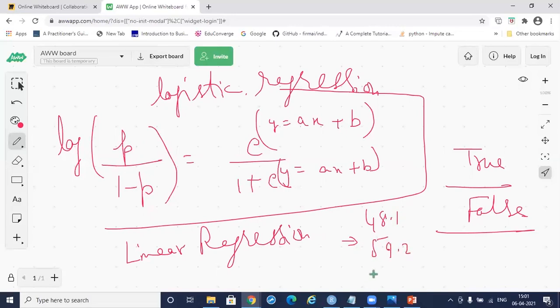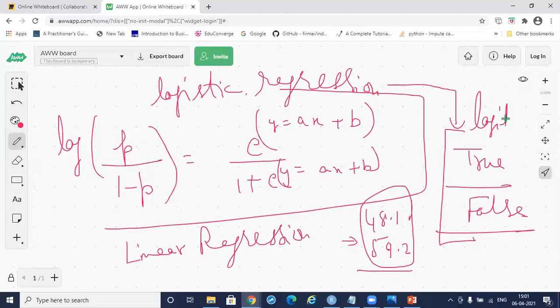All our data are continuous values in this format. And whenever we deal with logistic regression, only two values are there. Logit itself means logistic. Logistic means binary values, true or false, or yes or no. So there we can directly use logistic regression.